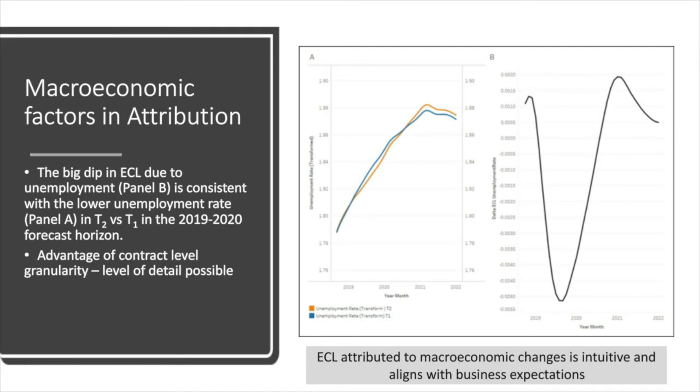So this also demonstrates that we can use the contract level analysis of ECL variance to get to ECL changes at a very granular level, which is what was shown in this slide. So one of the take-homes is that the ECL attributed to macroeconomic changes is intuitive, and it aligns with business expectations, and this happens even at a contract level. We can further aggregate this to a portfolio level and get the macroeconomic related changes in ECL for the portfolio.